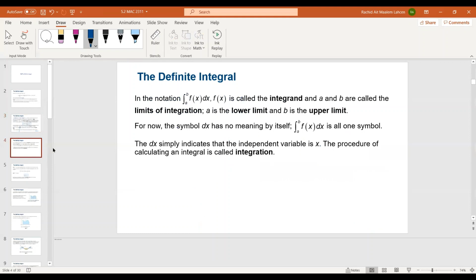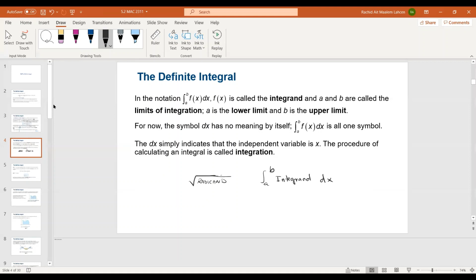All right, so what else you need to know in this picture and this notation is the integrand, just like we say radicand, for example, where the inside of a radical is the radicand. Here we say f of x is the integrand, right?